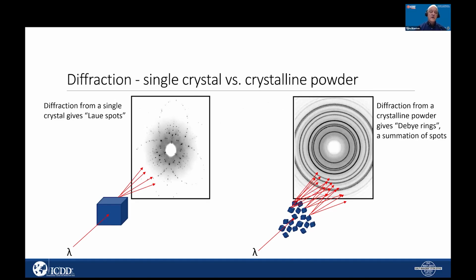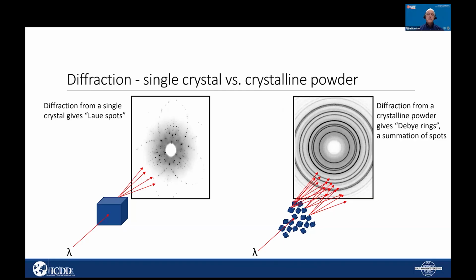Just as a quick reminder, we're interested in powder diffraction. When you look at a single crystal sample and you radiate with your X-ray beam, you get what we would refer to as Laue spots. These spots are indicative of different diffractions from lattice planes.